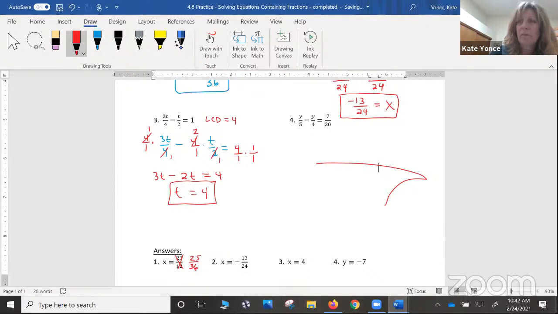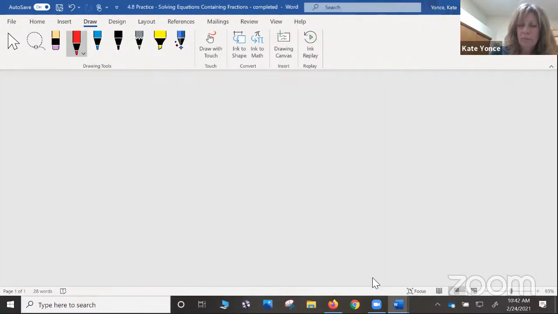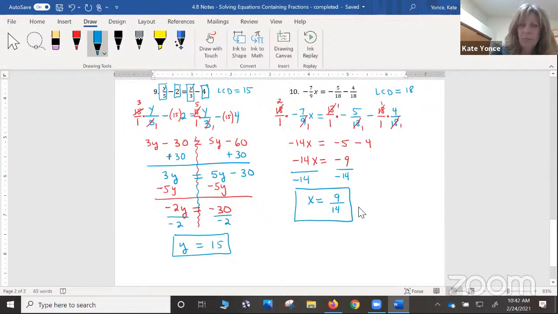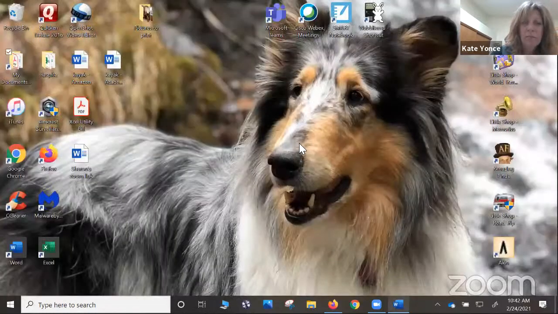So cross cancel, 20 goes into 5, 4 times. 4 goes into 20, 5 times. 20 goes into 20 one time. Multiply straight across, 4 times y is 4y, minus 5 times y is 5y.